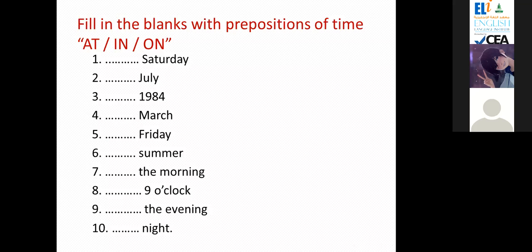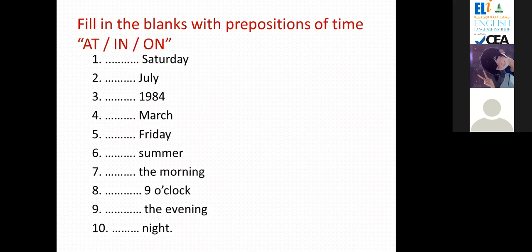We will have extra activities for time expressions or prepositions of time. At home, at weekends, at a party. Here at home and at work express the preposition of place, but here we focus on time.